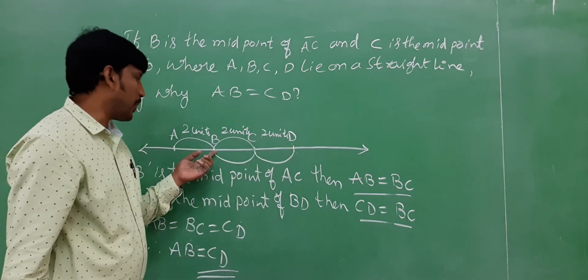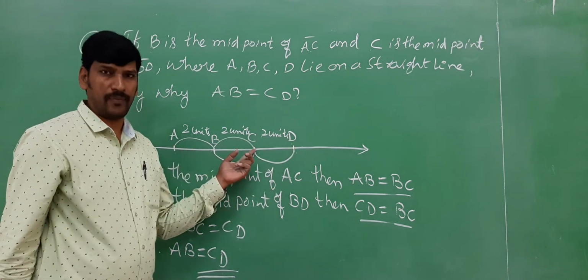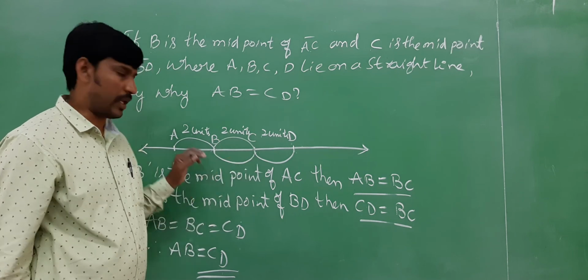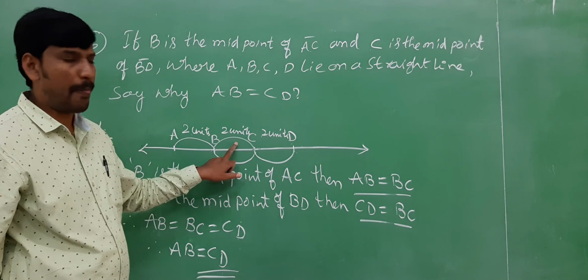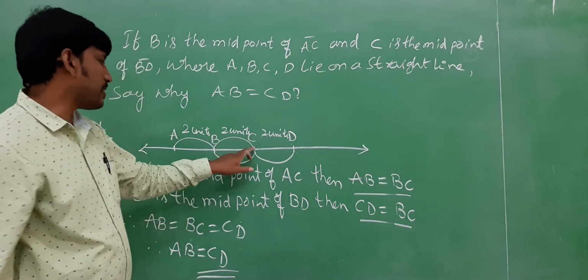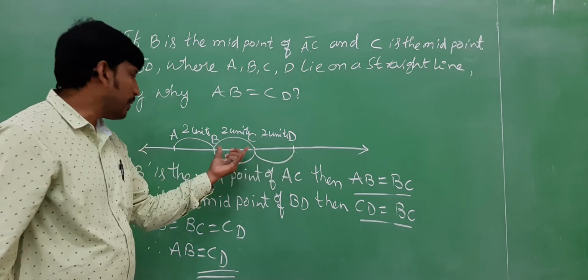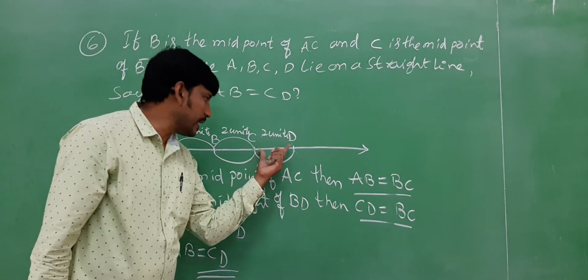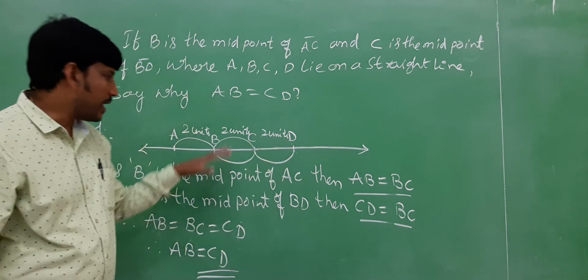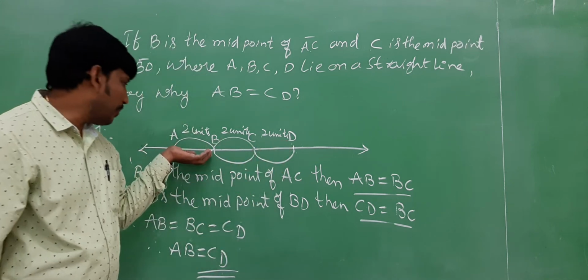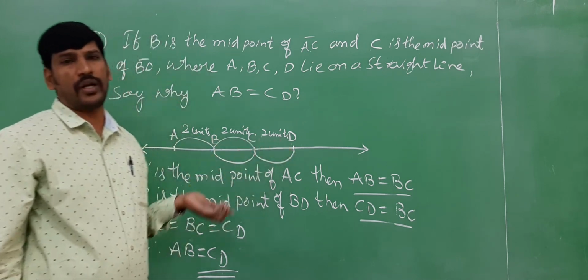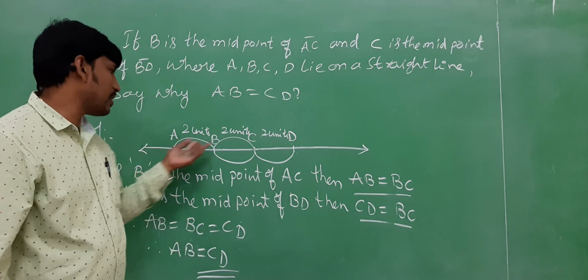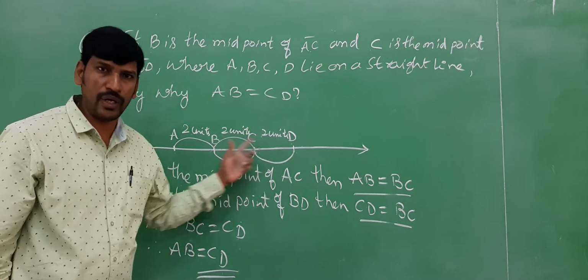As B is the midpoint, AB equal to BC, because 2 units, 2 units. And again, as C is the midpoint of BD, then BC equal to 2 units, then CD also 2 units only. So each line segment, AB equal to 2 units, BC equal to 2 units, CD is also 2 units. Therefore, AB is equal to CD or not? Both are 2 units only.